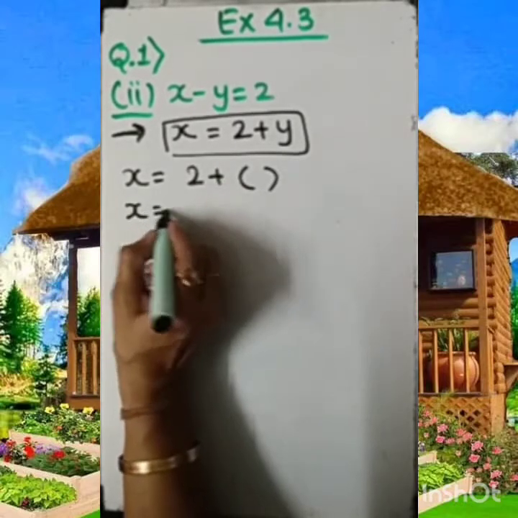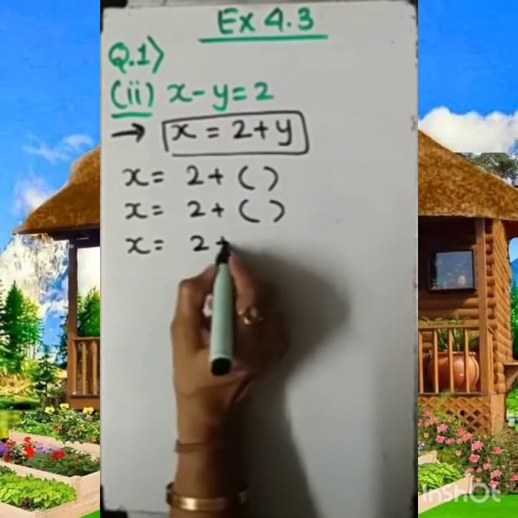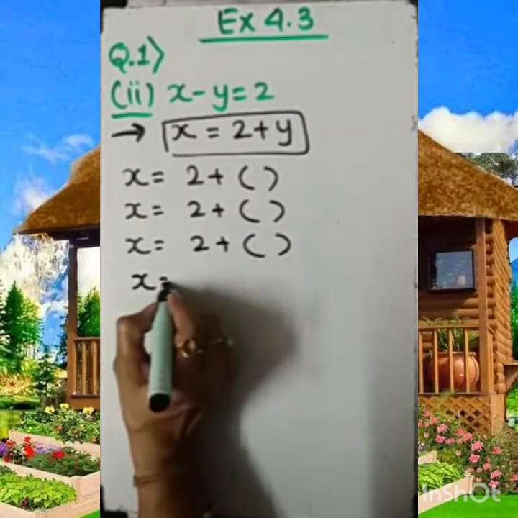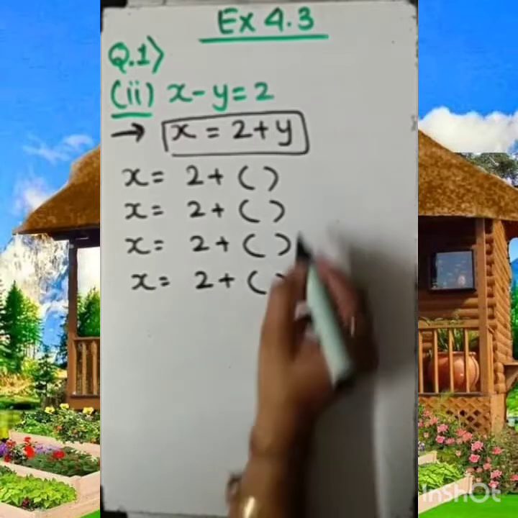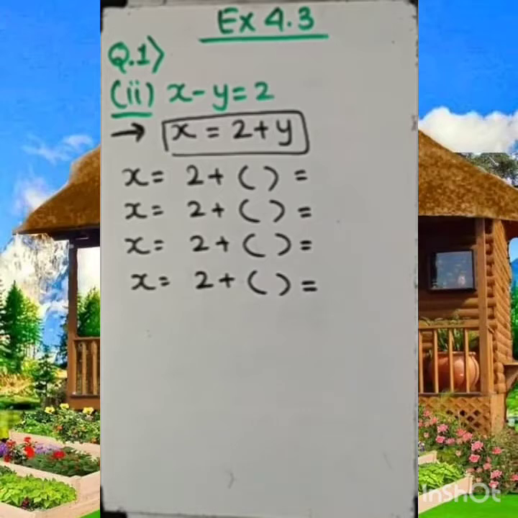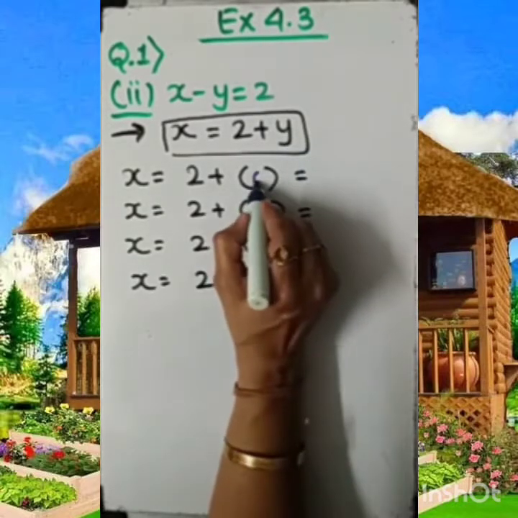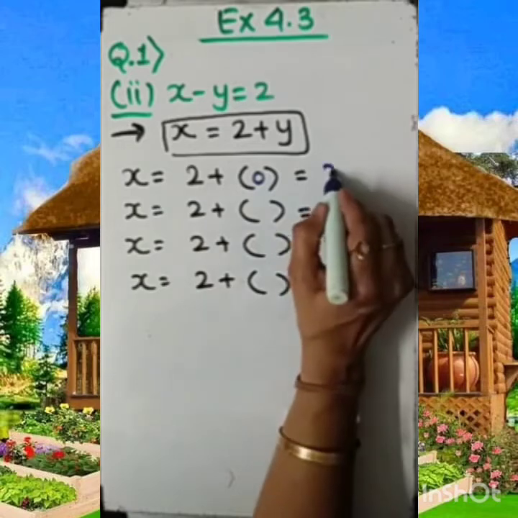So let's do that. Very simple, very easy, nothing to do. All the way these questions are quite easy and interesting also. Almost all students are able to do so. Now, for the different values of y, let me choose 0 first. 2 plus 0, 2.